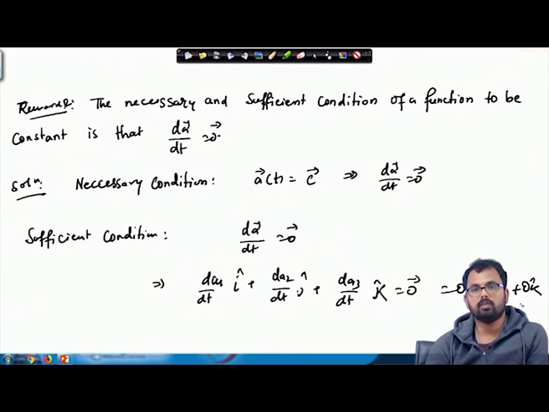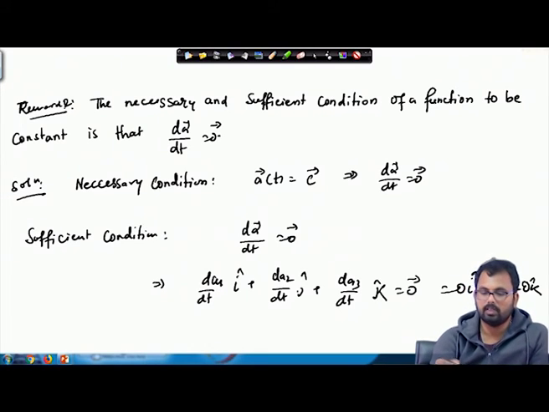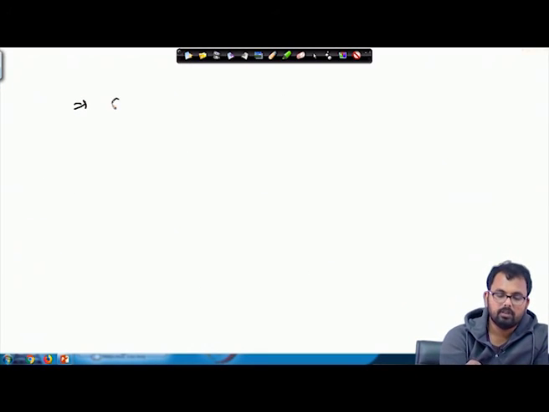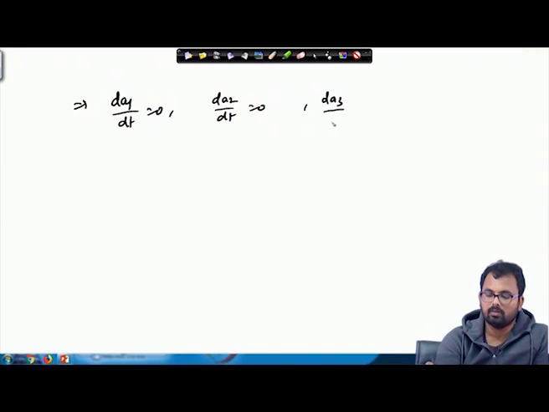Now we equate the coefficients of i, j and k. This gives dA1/dt equals 0, dA2/dt equals 0 and dA3/dt equals 0.